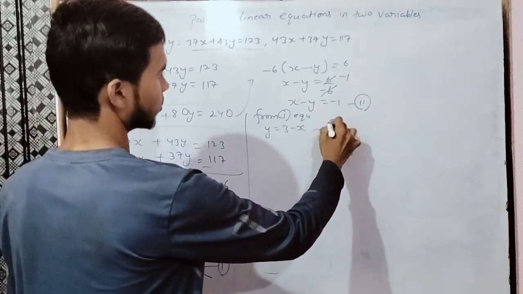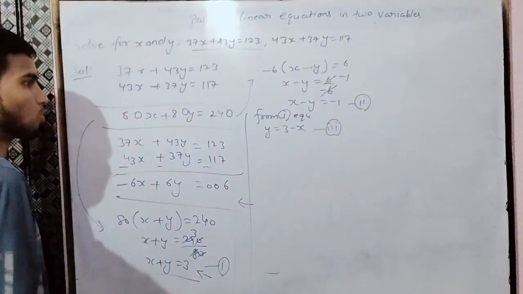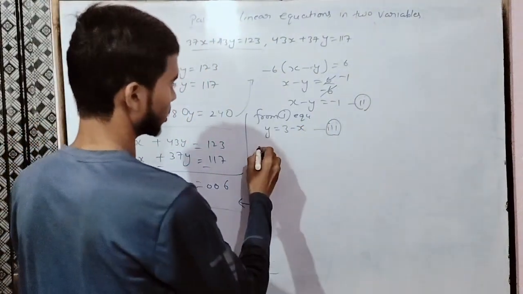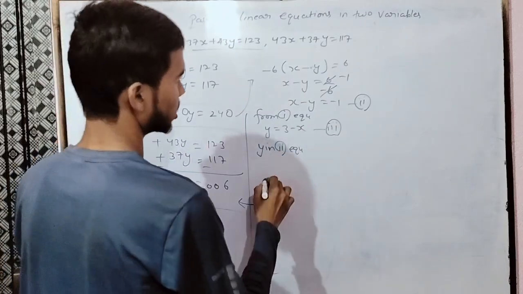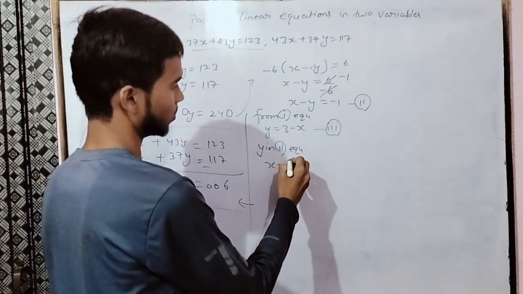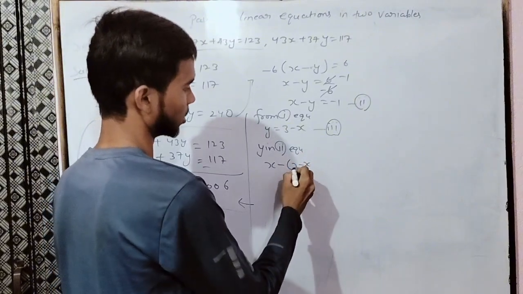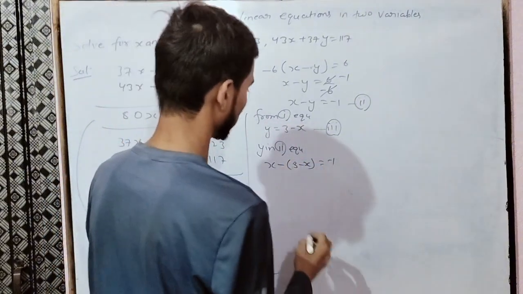So this is the third equation. Now we will substitute this value of y in the second equation. x we don't know. y is 3 minus x. 3 minus x is equal to minus 1.